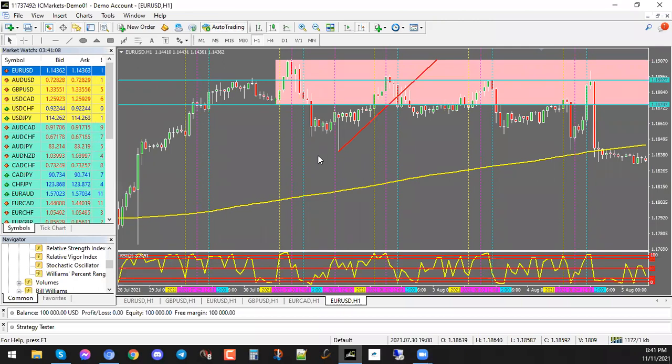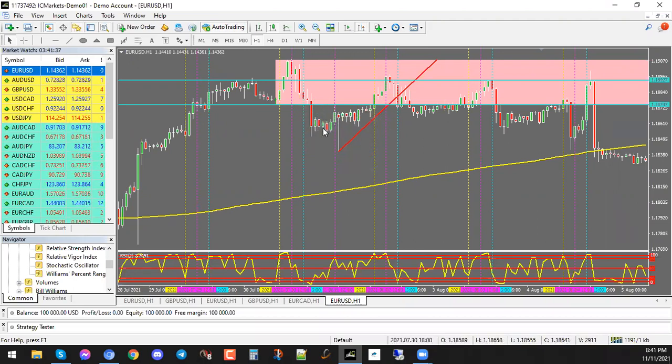But what I would say is breaking an area of structure is more a sign of confirmation, okay? It all depends on when you look at your chart, because you could be looking at your chart and that area of structure is not broken yet, okay? Sometimes the day could end and the area of structure is not broken. The next day, the area of structure could get broken, okay?